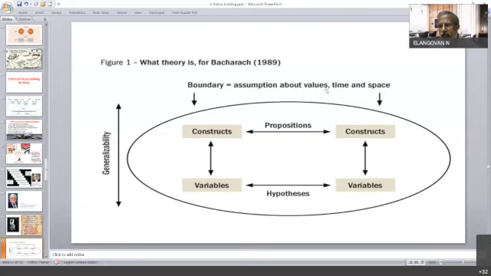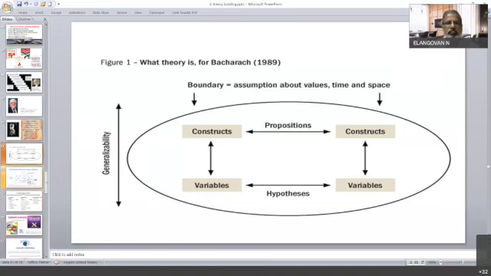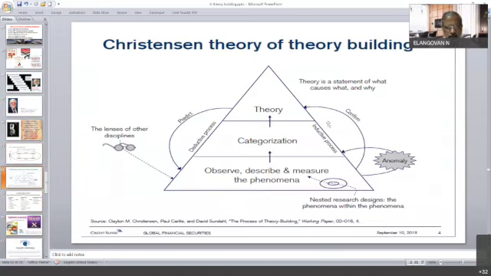The boundary can be time and space. And the variable to construct link is called generalizability. So how you generalize to a broader concept. So this entirely can be understood as a theory.